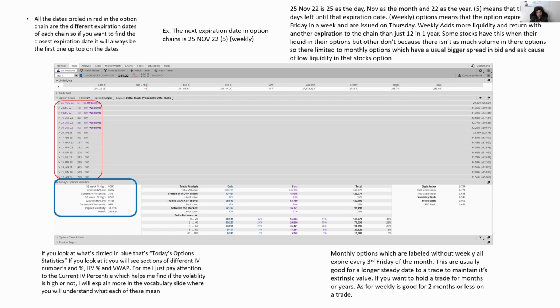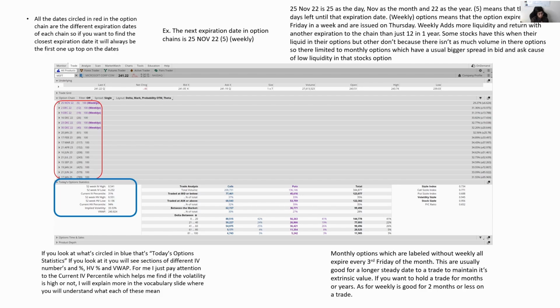They didn't have weekly expiration dates. In monthly options there were only 12 in each year, because monthly options expire every third Friday of a month. So in total there's only about 12 months in a year, and if it's only every third Friday, there's only one expiration per month.